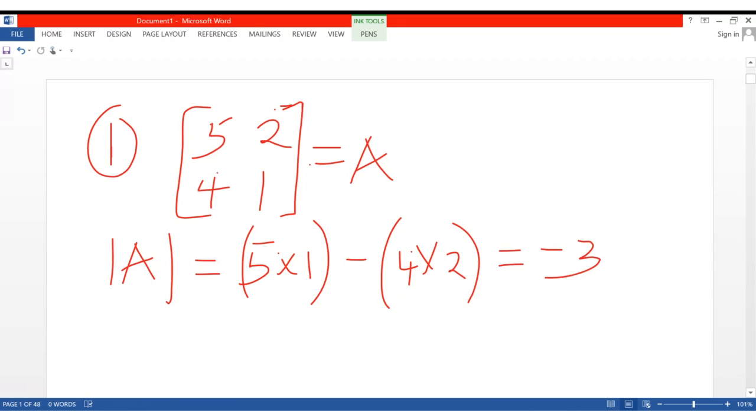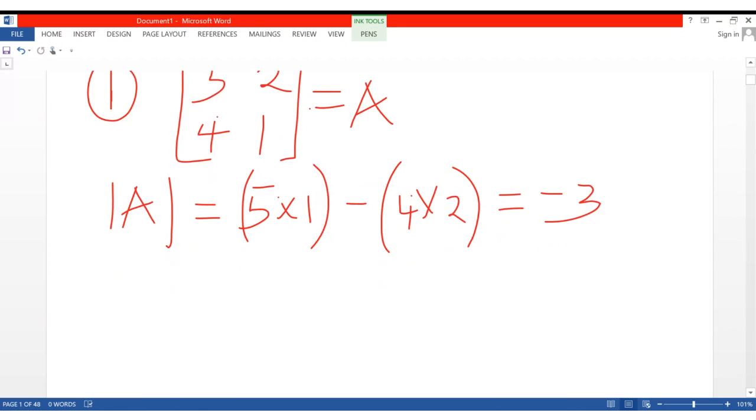Then the inverse will be given by 1 all over the determinant.